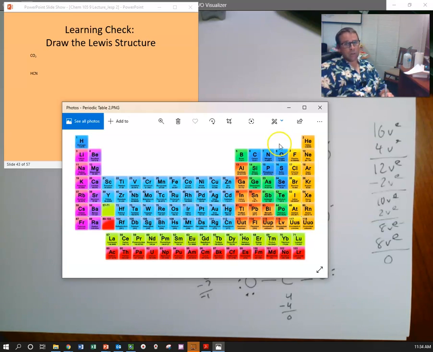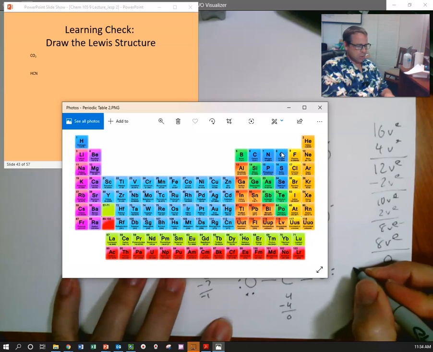Okay, so to determine how many electrons were brought to the party, we look at their location on the periodic table, and we count the columns of the representative elements. So this is 1, 2, 3, 4, 5, 6, 7, and 8. And because oxygen's in the 6th column, it brought 6 electrons.